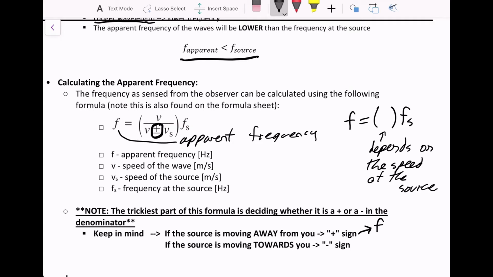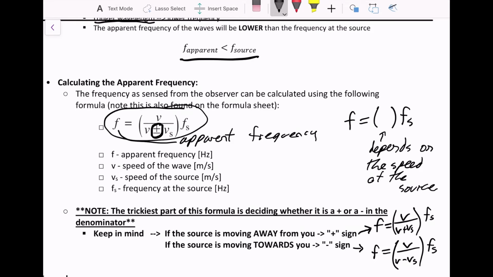So our frequency is going to be equal to V over V plus Vs times the frequency of the source. And if the source is moving towards you, then you're going to have to subtract that instead. Your formula sheet has them listed exactly as we've got up here, where it's mentioned both plus and minus, so it's up to you to remember when you have to add them together and when you subtract them.